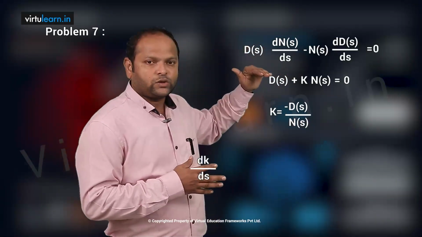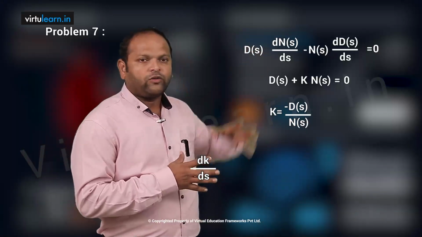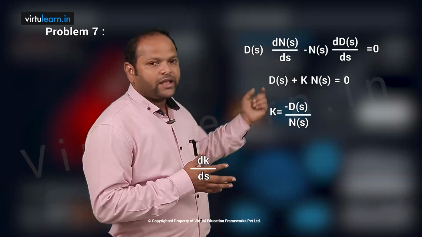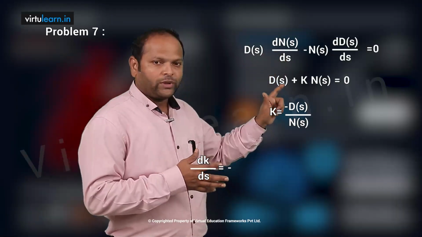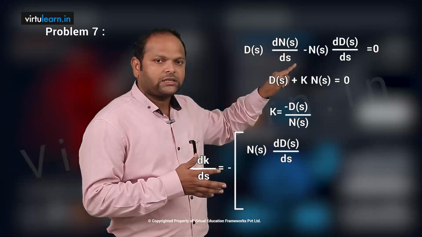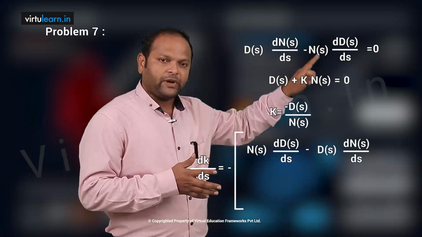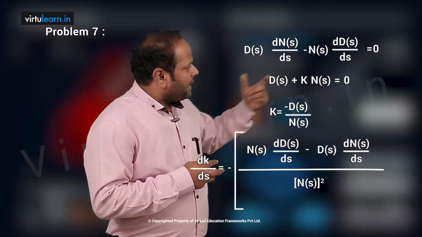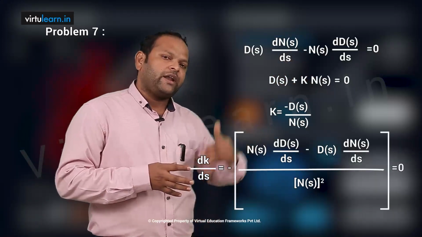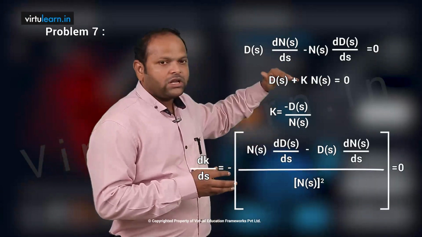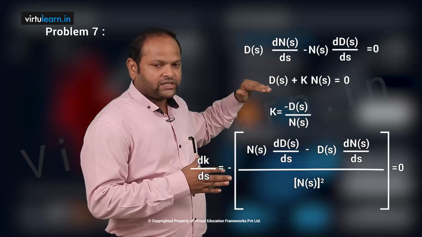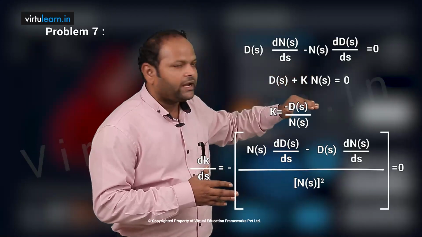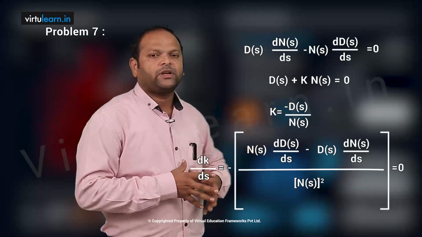Then we want dk by ds equal to 0. We can use the u by v rule. So dk by ds is equal to minus, if you open the bracket, N of s dD of s by ds minus D of s into dN of s by ds over N of s whole square, and this must be equal to 0. Then you get D of s dN of s by ds minus N of s dD of s by ds is equal to 0. This is equation number 3.